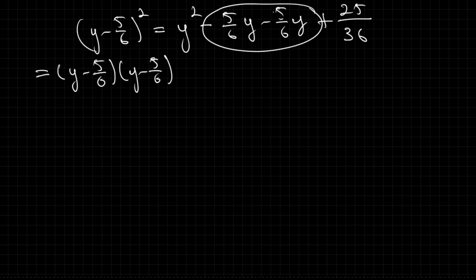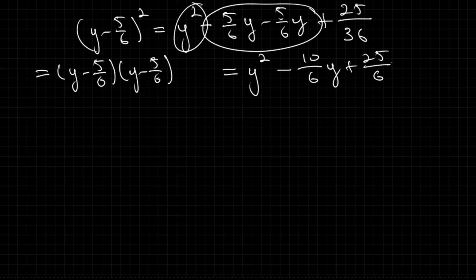And then negative 5/6 y minus 5/6 y, well, first let's copy the y squared term. Negative 5/6 minus 5/6 is 10/6, which is the same as 5/3. So you see, we do actually get our left-hand side back.